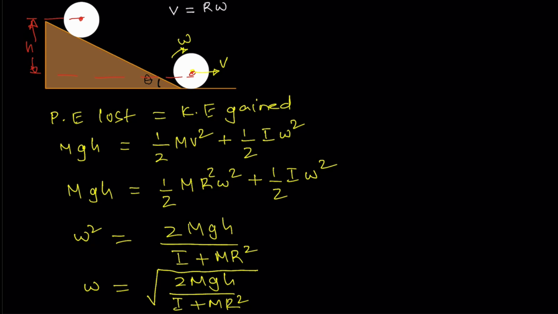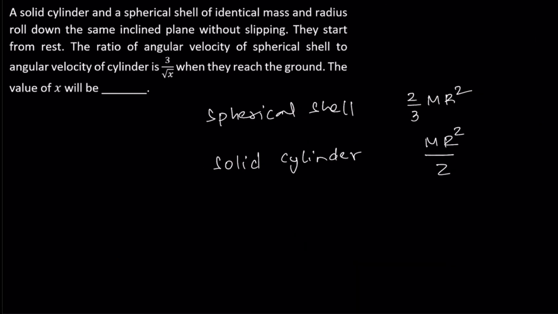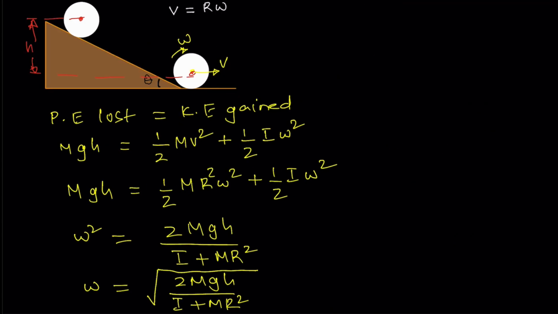Now we just have to substitute the moments of inertia and get the required ratio. We need the angular velocity of the spherical shell to that of the cylinder. When you are taking the ratio, it's okay to ignore a lot of terms.